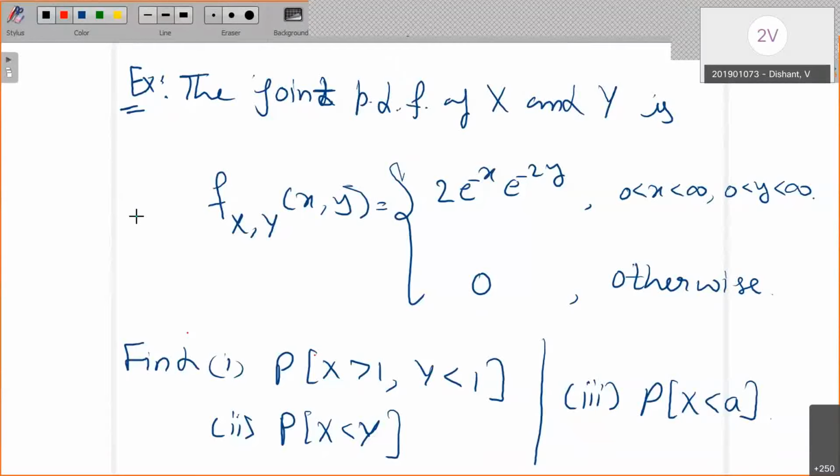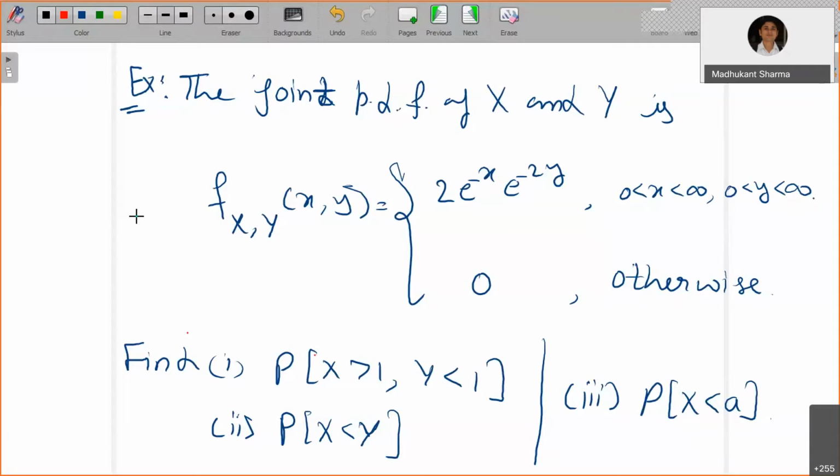Yeah, very good morning. Okay, so the last time we started with jointly distributed random variables, and we looked at two random variables and their corresponding joint distribution.